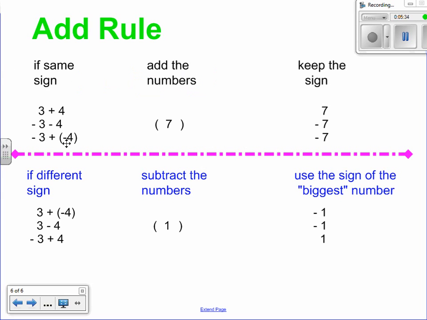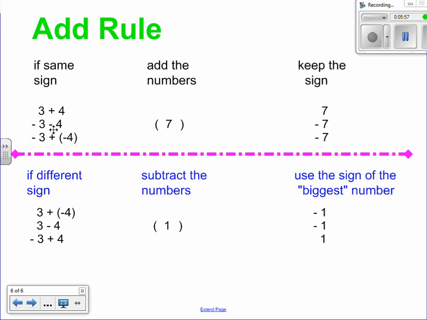If the signs are the same, like 3 plus 4, that's positive 3 plus 4. -3 plus a -4. Remember, don't think of that as subtract. Just keep that negative right with the 4, like -1 times 4, -4, and then just add the two numbers. You're basically adding the opposite.